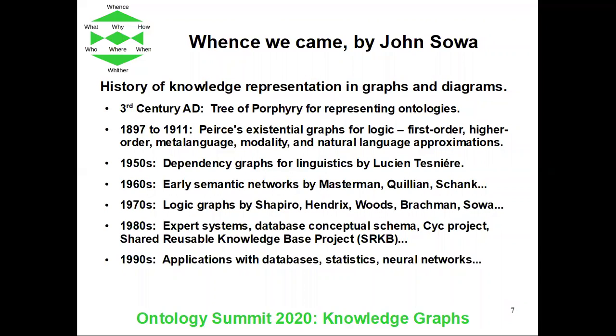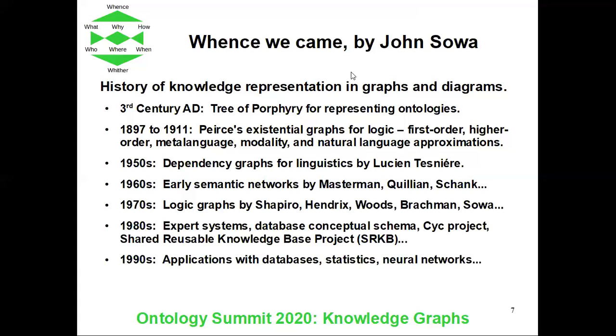Then in the late 19th and early 20th century, Peirce developed a graph notation for logic, and this follows on to his earlier algebraic notation, which became the foundation for the predicate calculus, the most widely used notation. But in the existential graphs, he represented first-order logic, higher-order logic, meta-language, modality, and also relationships to and from ordinary language.